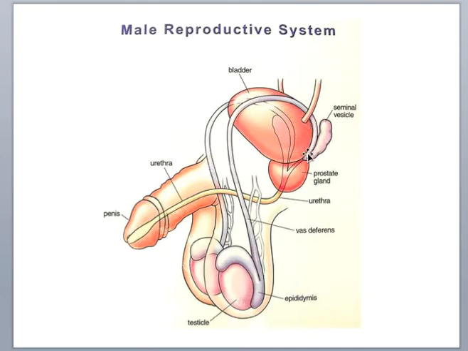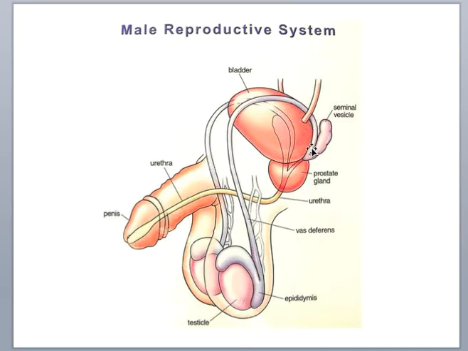The vas deferens will dump sperm into this ejaculatory duct, and the seminal vesicle will dump secretions which will aid in the production of semen. The seminal vesicles will contribute prostaglandins and fructose. Fructose is a monosaccharide which can be used for energy production, and the prostaglandins will cause uterine smooth muscle contractions in the uterine wall to help propel the sperm to the fallopian tubes.